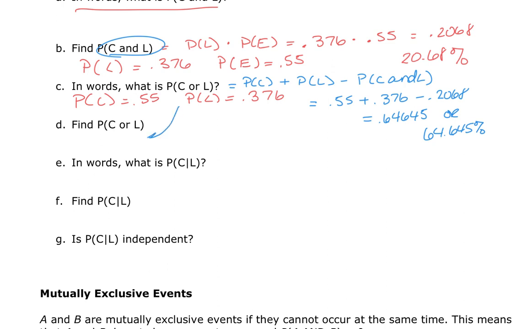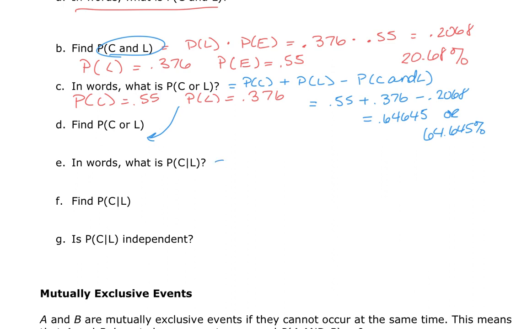Now, in words, what does P of C given L mean? This is the probability of the person being a California registered voter that believes in prison without parole over the death penalty, given that they are Latino. So that's what that means. How do we do this? Well, we've already done most of the work, right?